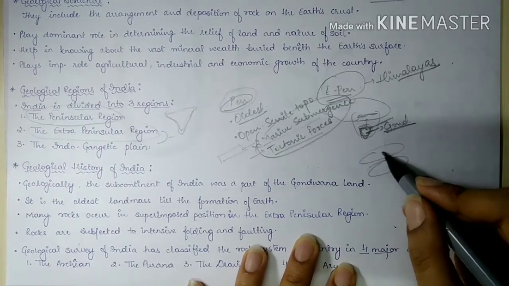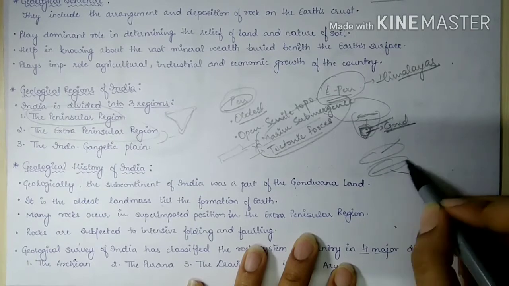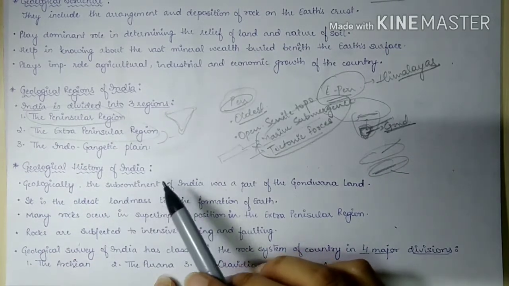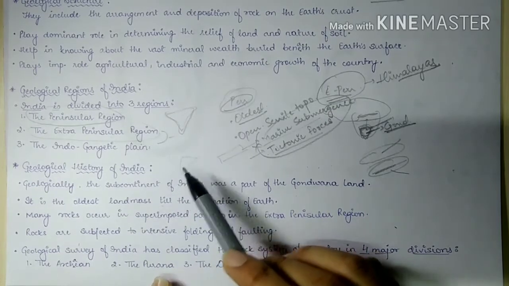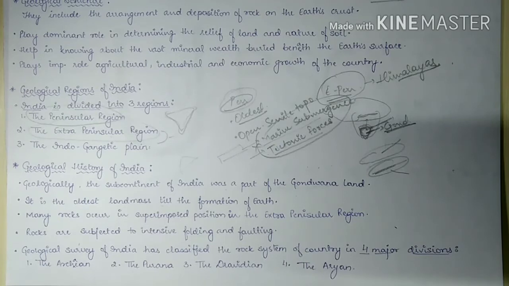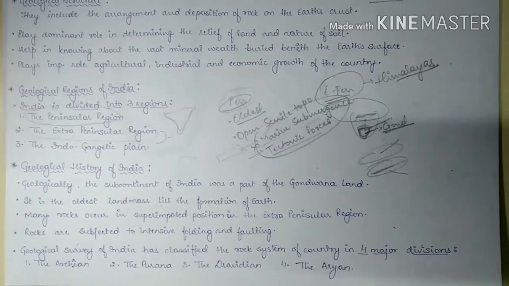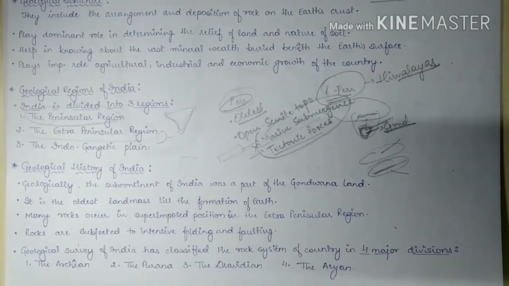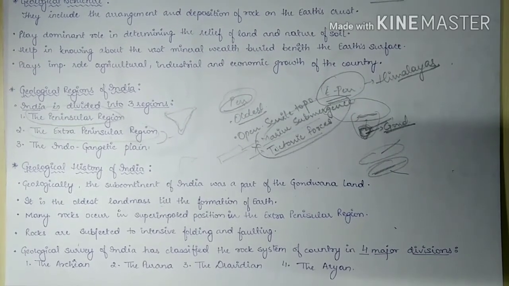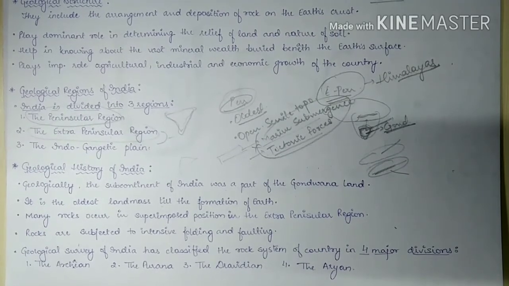So we had Angara land and Gondwana land. This peninsular region is a part of the oldest landmass since the formation of earth crust, which grew in complexity as the succession of alpine orogeny.